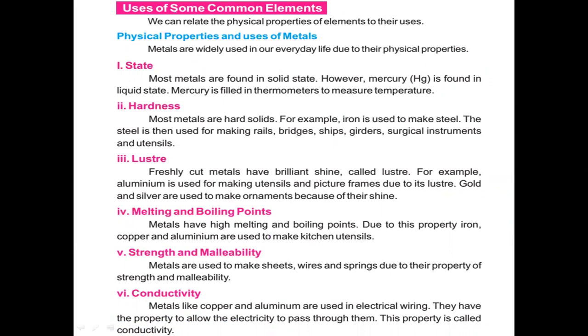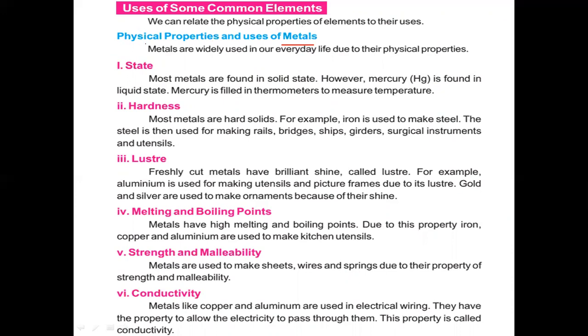Here we see some uses of common elements. As we have studied in the previous lecture, elements are of two types: metals and non-metals. Right now we will see physical properties and uses of some metals.